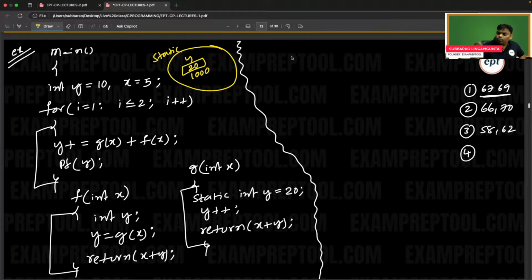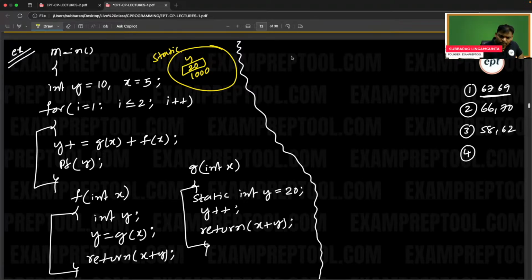Remember, every program will execute in stack only. Main is called, main also will push inside the stack. If F is called, F also will push inside the stack. Internally, program running means you are using the stack data structure. Try to understand.